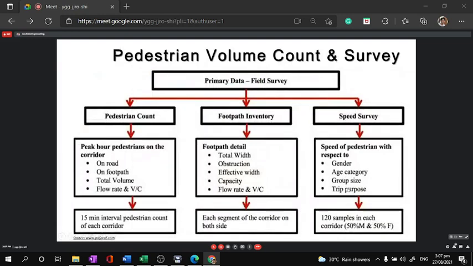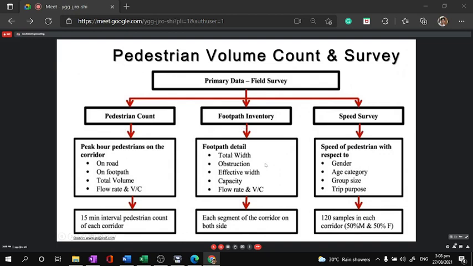So data-wise for pedestrians, you have pedestrian counting, so you count how many pass a road crossing, footpath, or sidewalk. You get the volume, the flow rate, and the number of people in terms of volume and capacity of the facility. The survey is done in 15-minute intervals, the same as traffic volume counting. Now, the other side of the inventory is to look at the infrastructure, the path itself. The path will have a width and a length. Then obstructions, such as lampposts and garbage, that reduce the effective width of the road network for pedestrians.